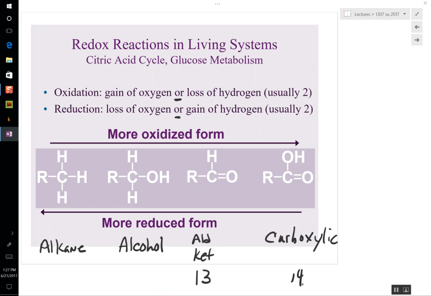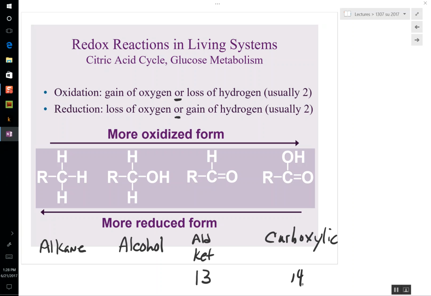And to go from an aldehyde back to an alcohol, you already know a reaction that does that: hydrogenation. You hydrogenate this, it adds a hydrogen here and a hydrogen there.